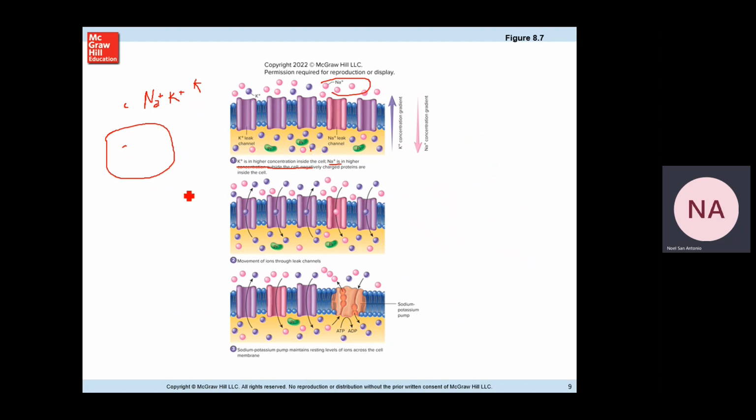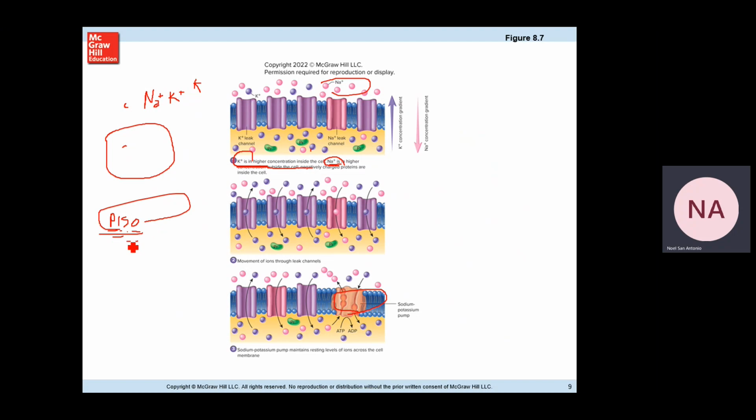Because if you will recall, you have your sodium-potassium pump, which does the piso. Potassium in, sodium out. That is why initially there is more potassium inside the cell and more sodium outside the cell.